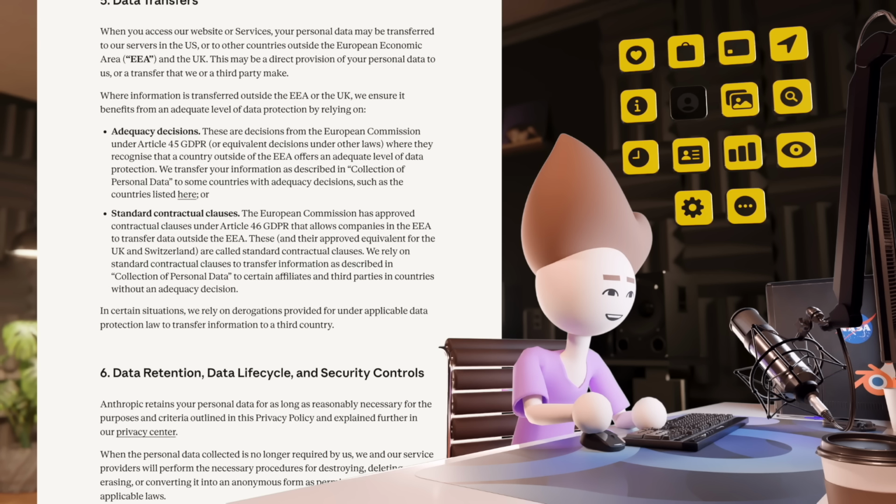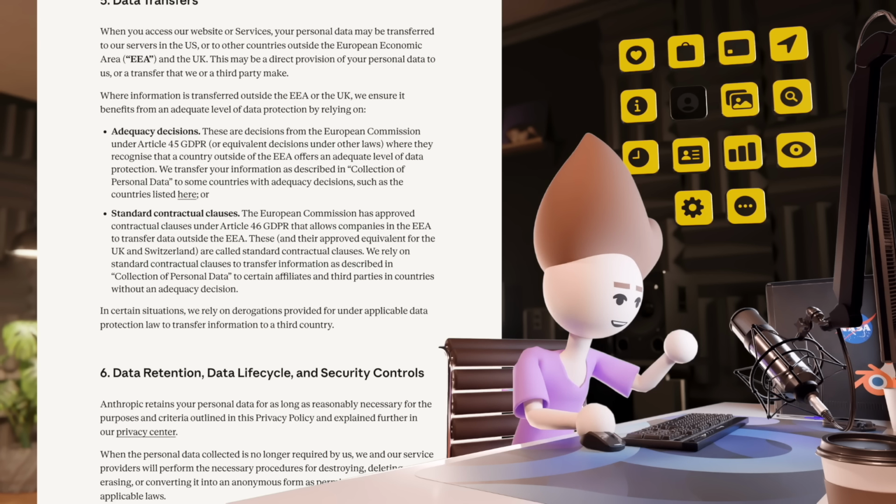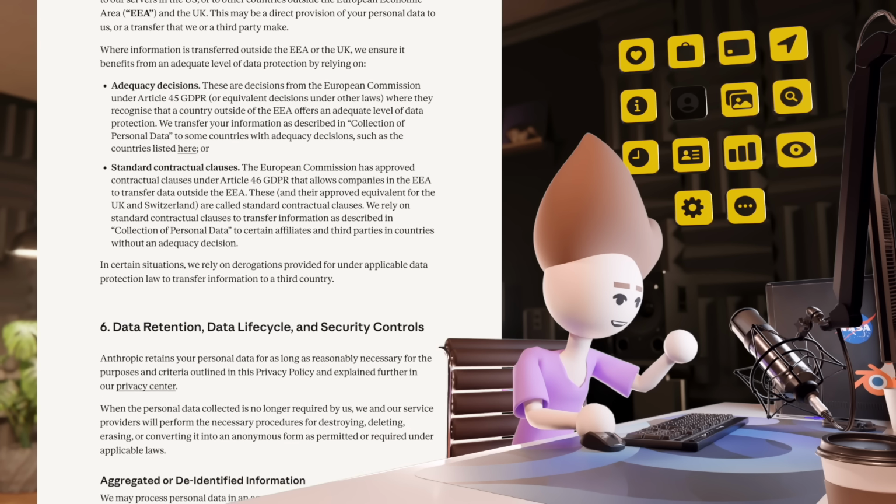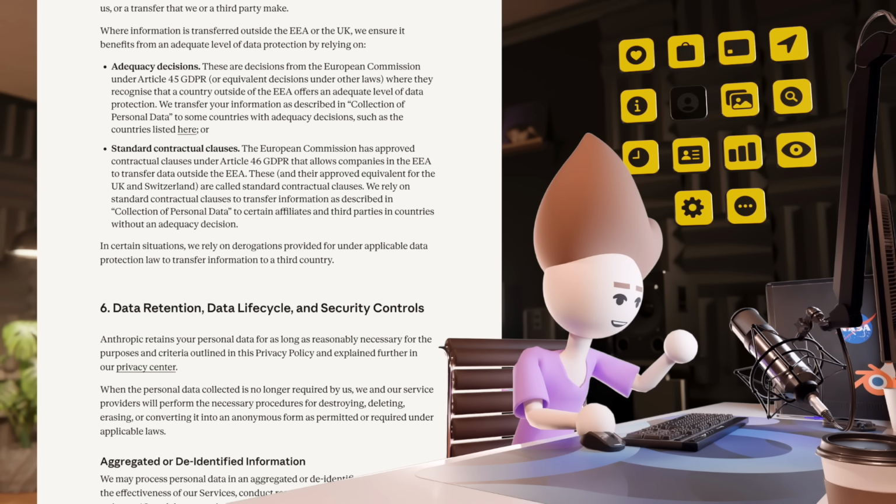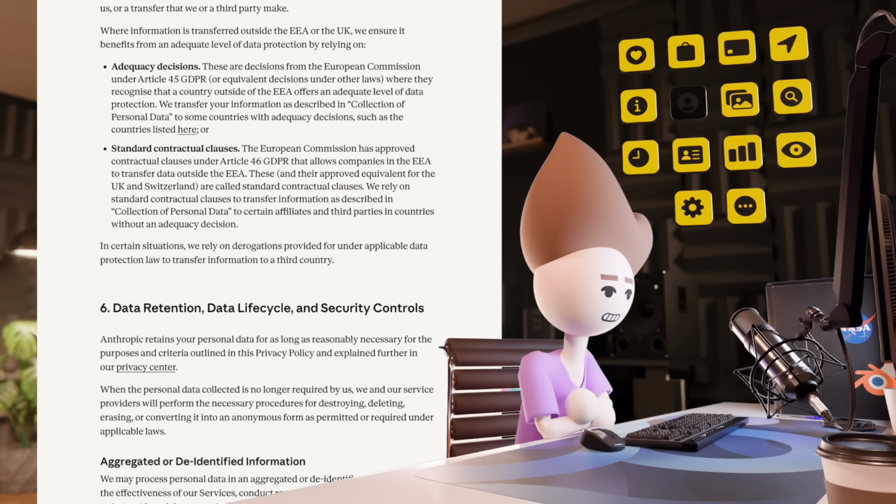We rely on standard contractual clauses to transfer information as described in the collection of personal data to certain affiliates and third parties in countries without an adequacy decision. In certain situations, we rely on derogations provided for under applicable data protection law to transfer information to a third country.